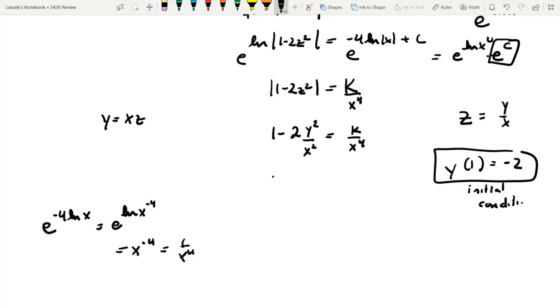Anyway, we have a solution curve, and it's a general solution because of this arbitrary constant k. Then you can use the initial condition to pick out a particular solution to the initial value problem. So when x is 1, y is a function of x, so this notation indicates that x is 1, y is equal to -2.